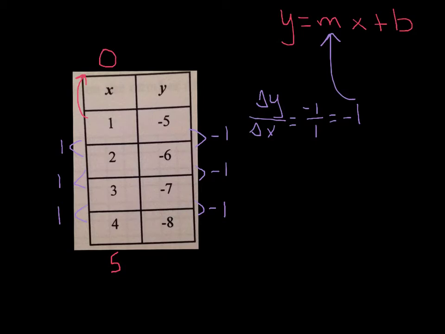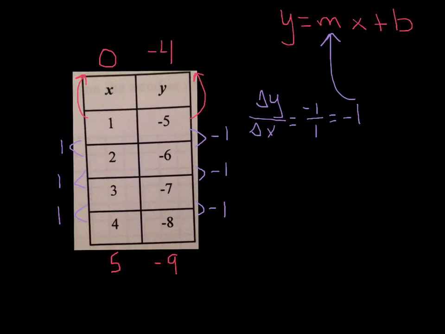So we want to figure out what number matches up with 0 if we follow this other pattern backwards. So I just want you to think, if you follow the pattern forwards, it would be -5, -6, -7, -8, -9, and then if you follow it backwards, you'd be at -4.